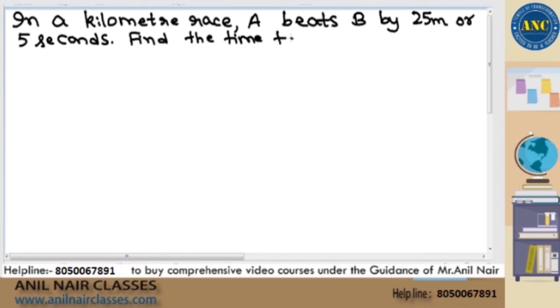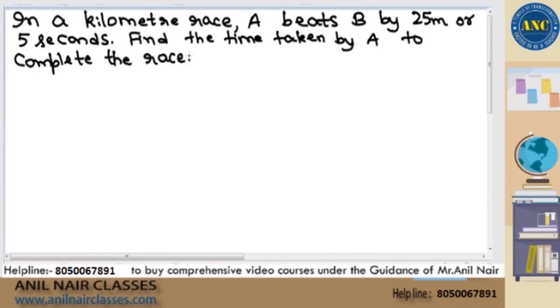Find the time taken by A to complete the race. You will find these models also in your books and also your websites. Find the time taken by A to complete the race.